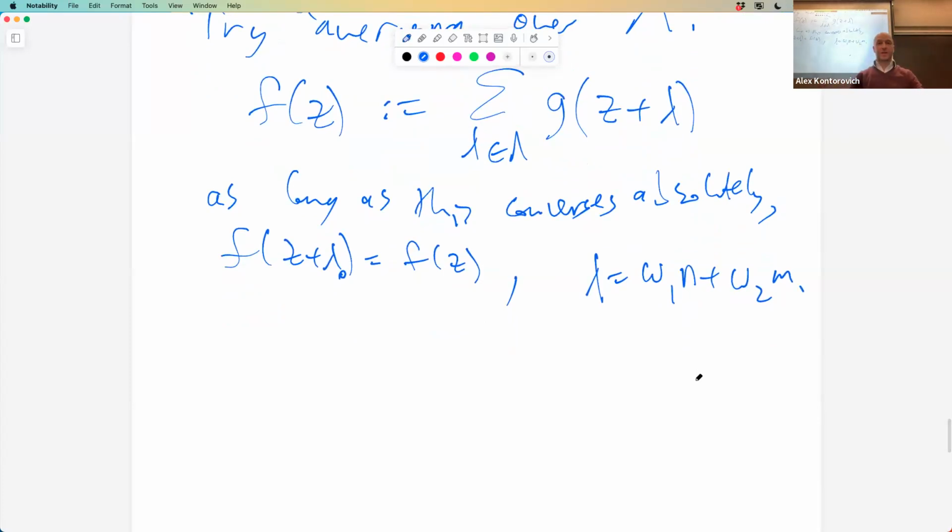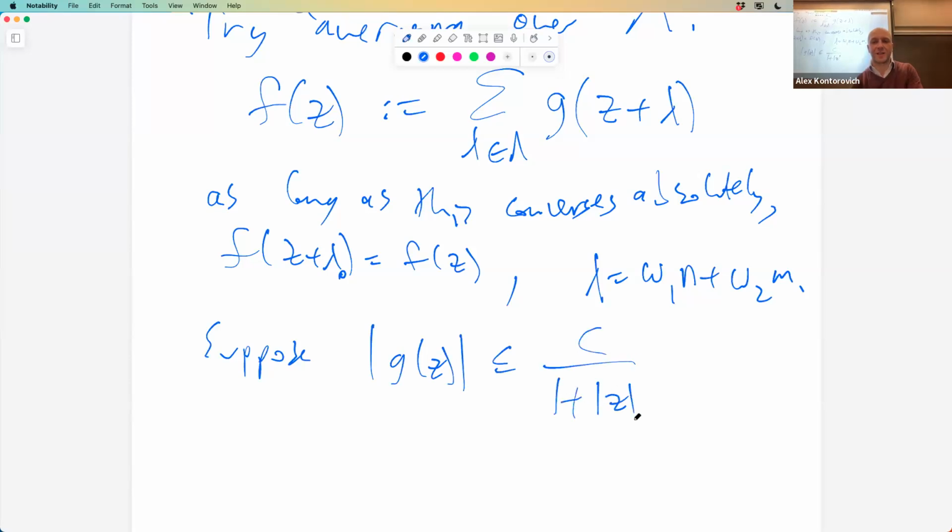How much decay do we need? Suppose G of z has decay like some constant over 1 plus absolute value of z to the alpha. Suppose it decays like z to a power. How much decay do we actually need in order for this to converge absolutely?